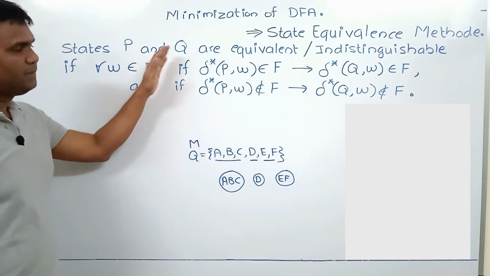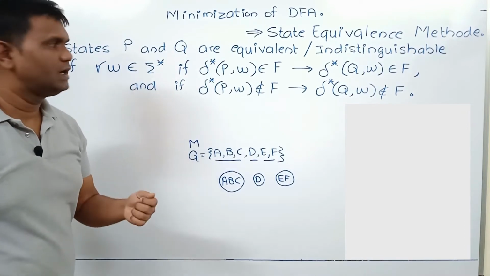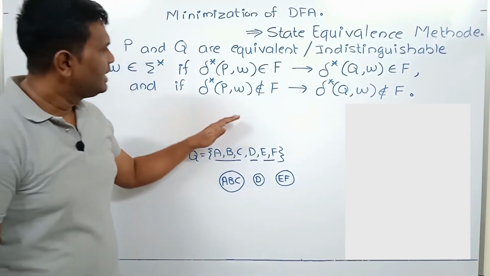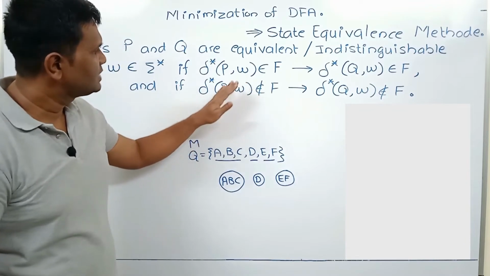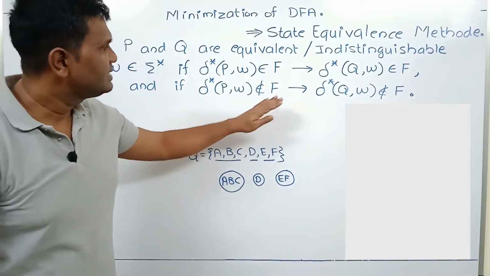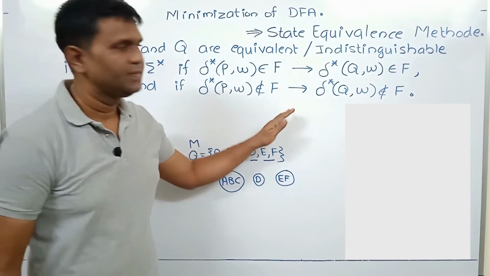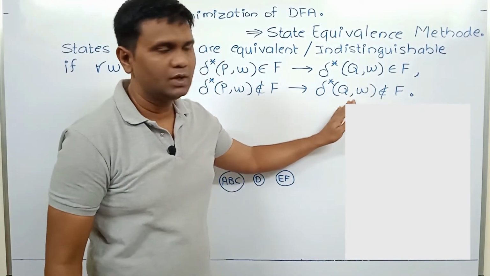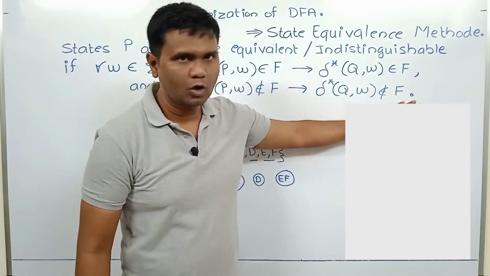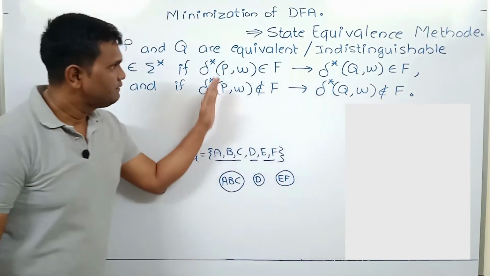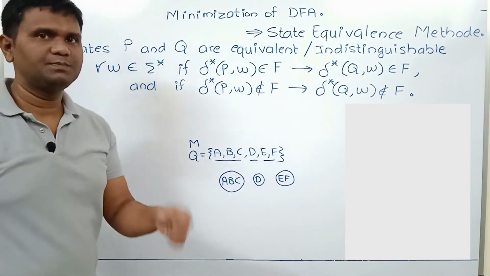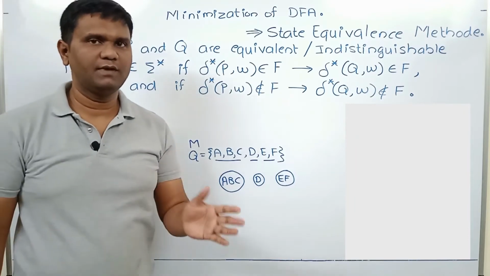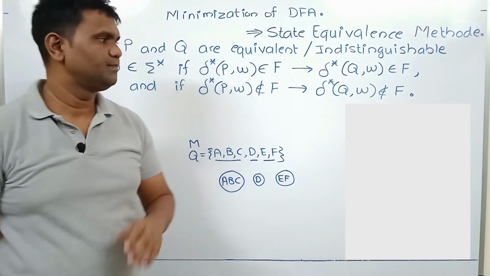Also, if P and Q are equivalent, then for any string W, if we process it from P and it reaches some non-final state, then for the same string W, if we process it from state Q, it reaches some non-final state. If this is not true, then states P and Q are not equivalent, they are distinguishable.